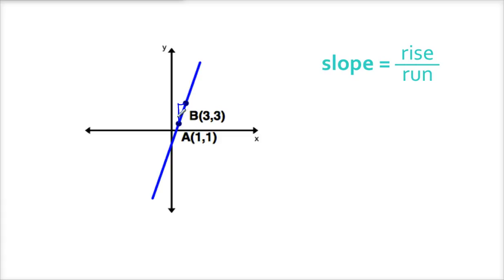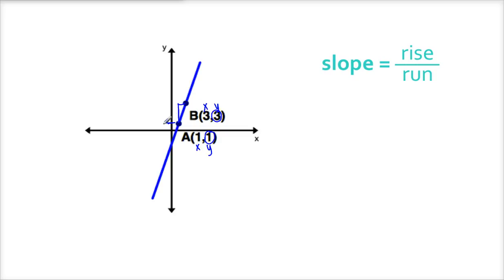So this rise, remember, corresponds with movement along the y-axis. So in each of these points, remember the first number represents an x value, the second number represents a y value. In each of these points, I'm just looking at the y value for the rise. So in this point, I went from 1 up to 3.